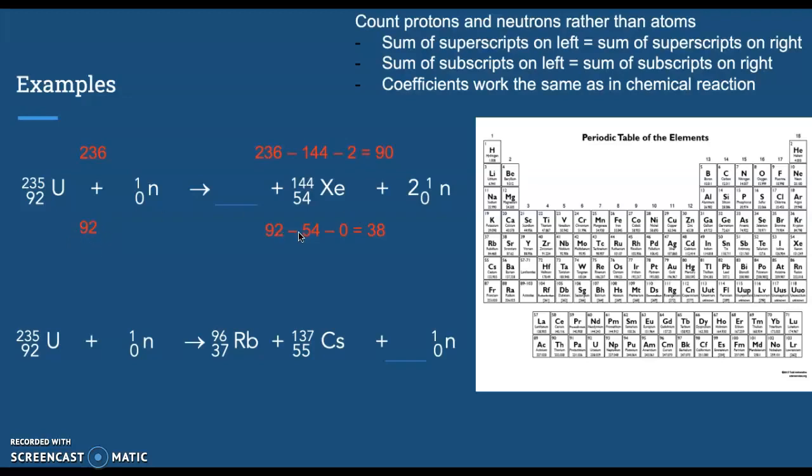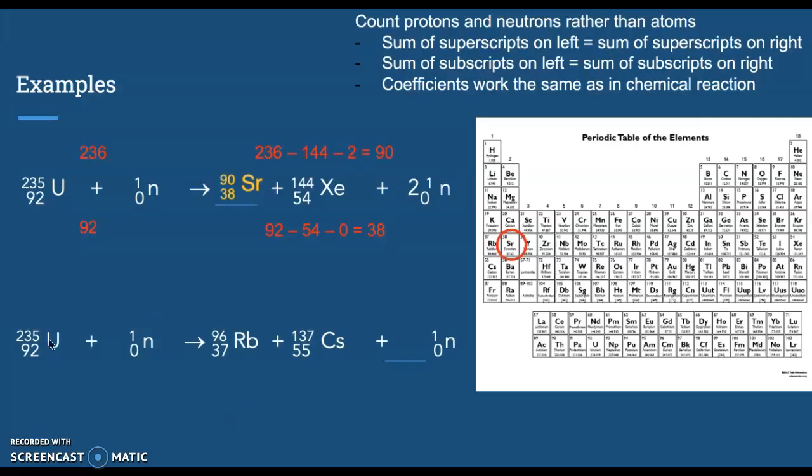So we do 92 minus 54 from the xenon minus 0, because 2 times 0 is 0. So we need 38 protons. And for 38 protons, we just go over to the periodic table and we find the atomic number of 38, which is right here. It's strontium. So we have strontium with a superscript of 90 from over here, and then a subscript of 38 from over here. So let's just do this process again.